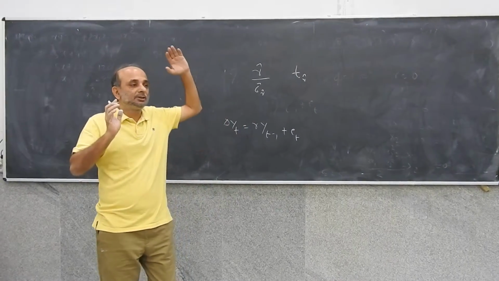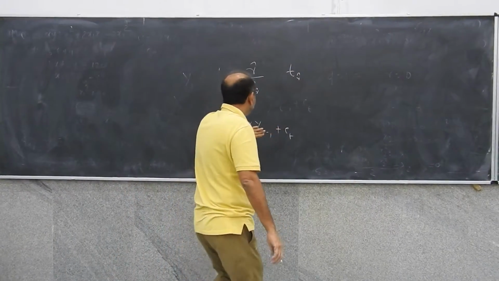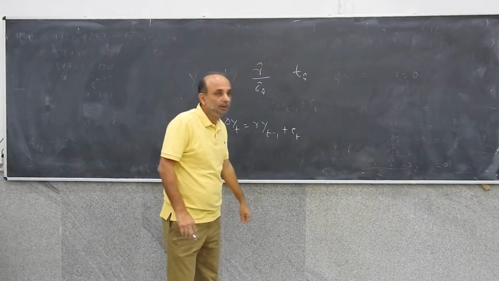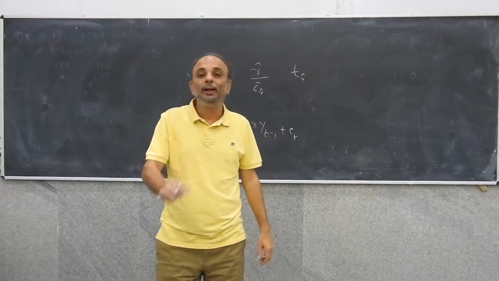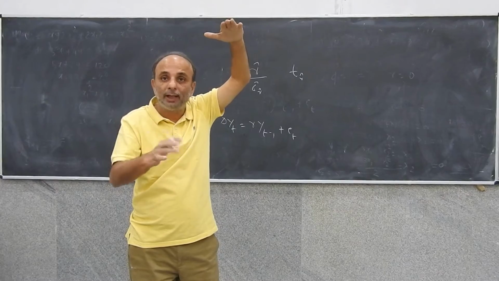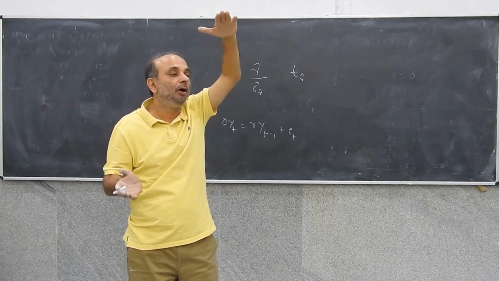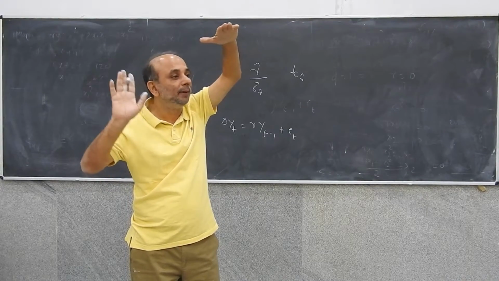Suppose this regression involves 50 observations. What the computer will do is generate a random walk on its own having 50 observations, where yt is equal to yt minus 1 plus et.